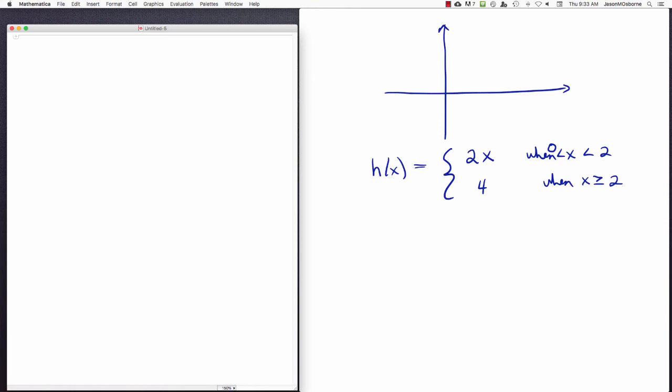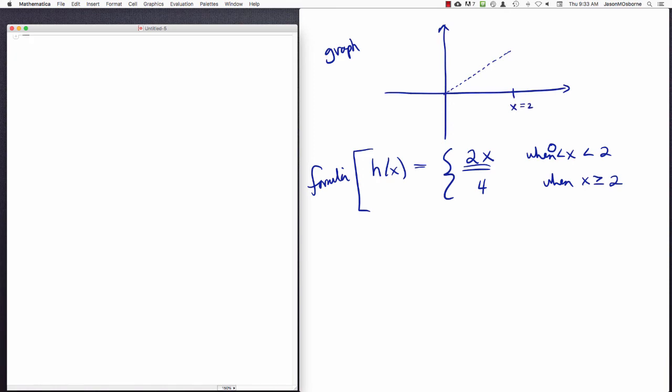So let's take a look at this function, h of x. We've been given a formula, and let's see if we can create its graph. So h of x is a linear function, 2x, so it's an equation of a straight line with slope 2, until you get to x is equal to 2.